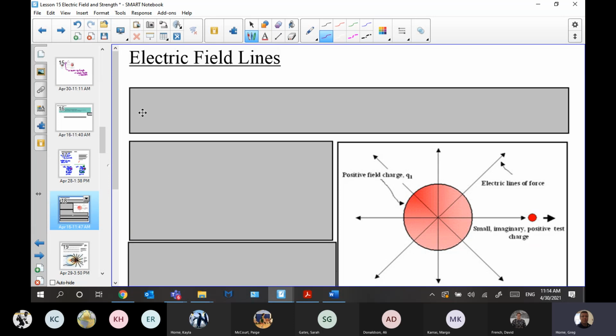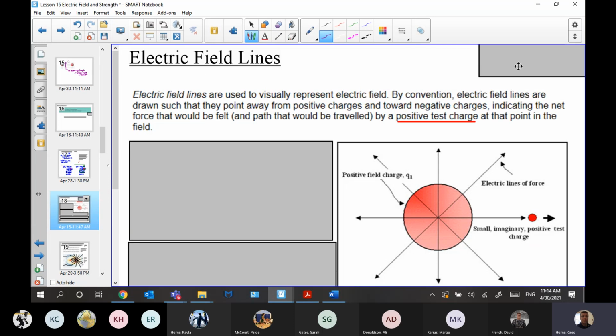I want to focus on electric field lines. Electric field lines, a lot of words here, but they show what direction the force would be, right? So if we put a positive test charge somewhere, this is a big positive charge here causing an electric field, and this guy here is the little positive test charge.